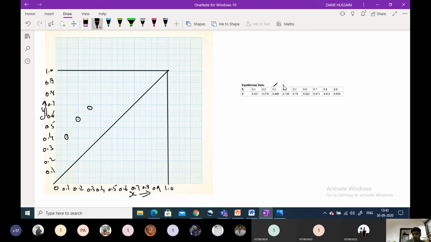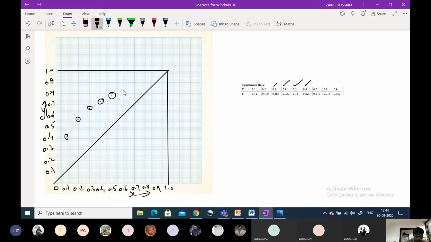Then the next data point is 0.4 and 0.729. Then 0.5 and 0.78. Then 0.6 and 0.825.